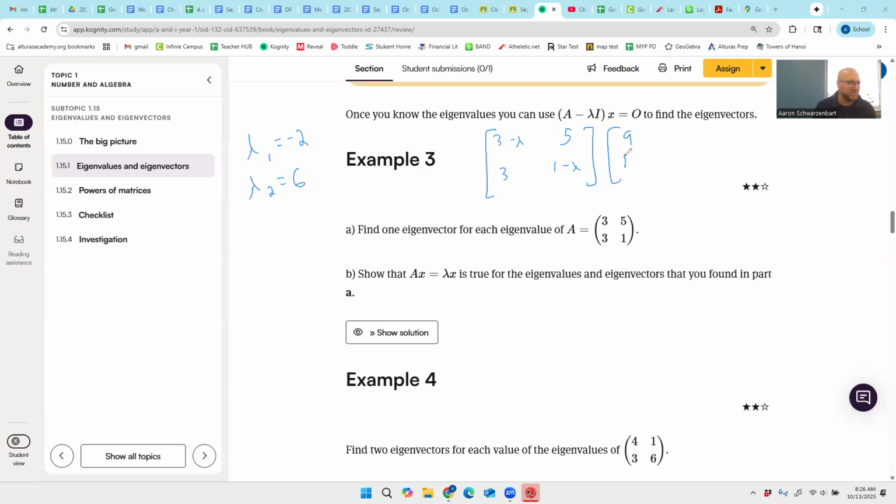And this times some vector has to equal the vector 0, 0. So what I'm going to do is literally plug in one of the eigenvalues. And this will get me the corresponding eigenvector.